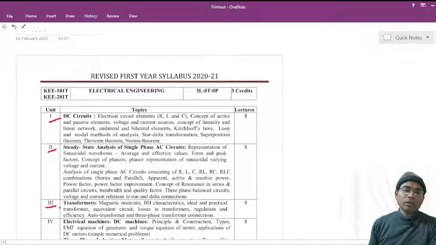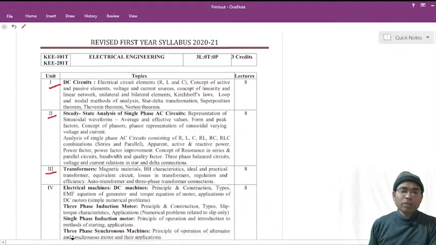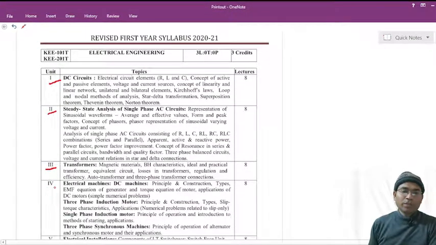You will learn briefly about the transformer in this unit, and the fourth unit belongs to machine part. So here is a brief introduction of machine.